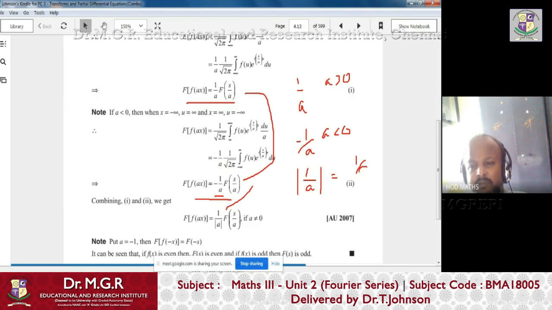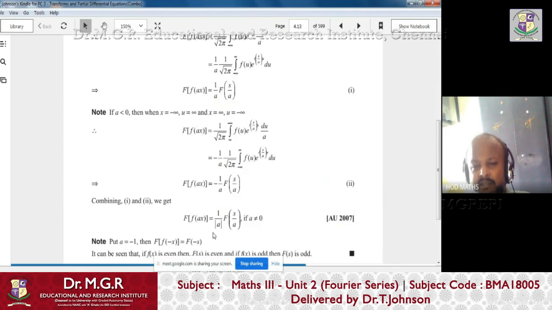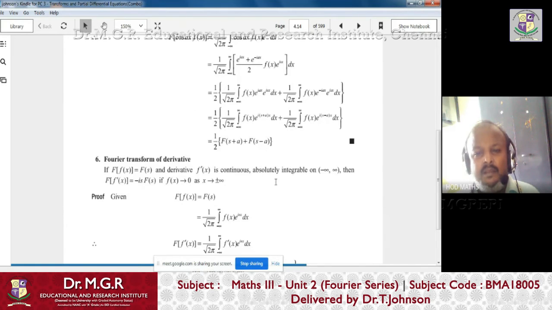If a is positive, mod 1 by a is 1 by a itself. But when a is negative, mod 1 by a becomes minus 1 by a. So these two things combined can be written as 1 by mod a. That is given here. So this is the proof of property number 2. We will see two more properties, very simple properties, and then we wind it up.